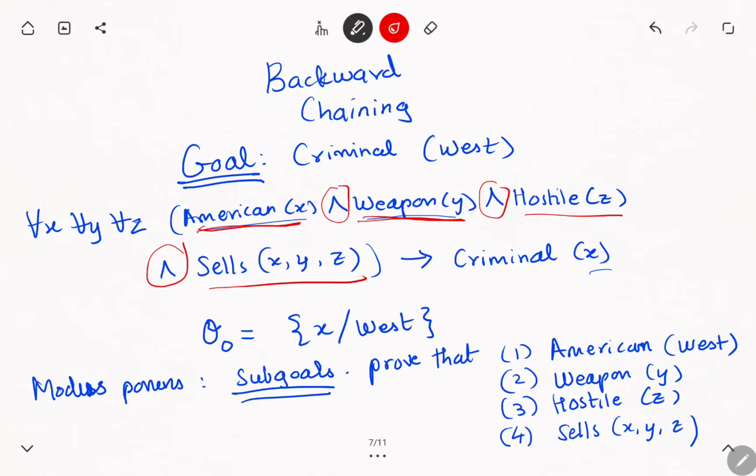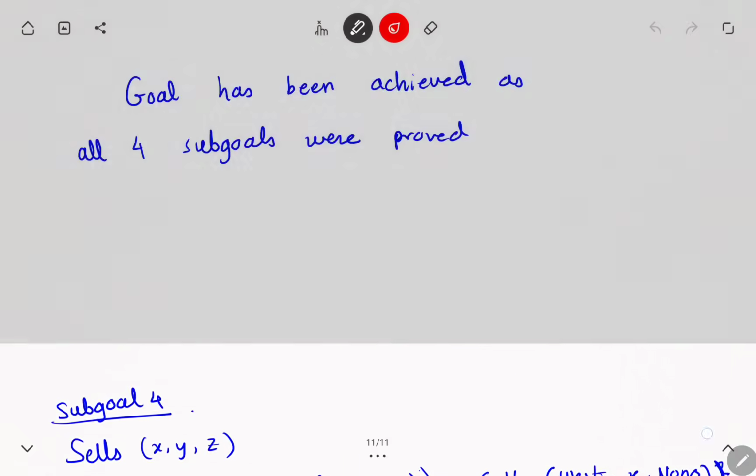Now I'll also paste both the photos. Backward chaining as well as forward chaining can be illustrated using a tree.